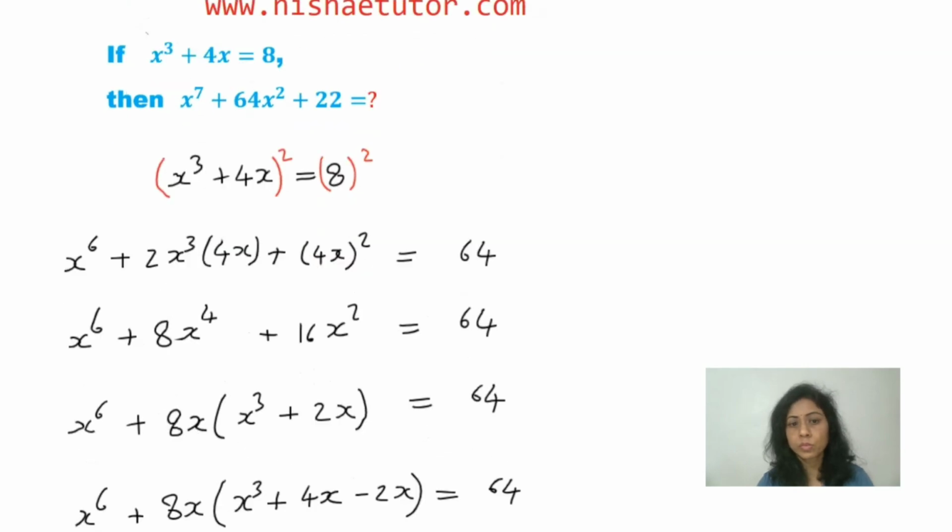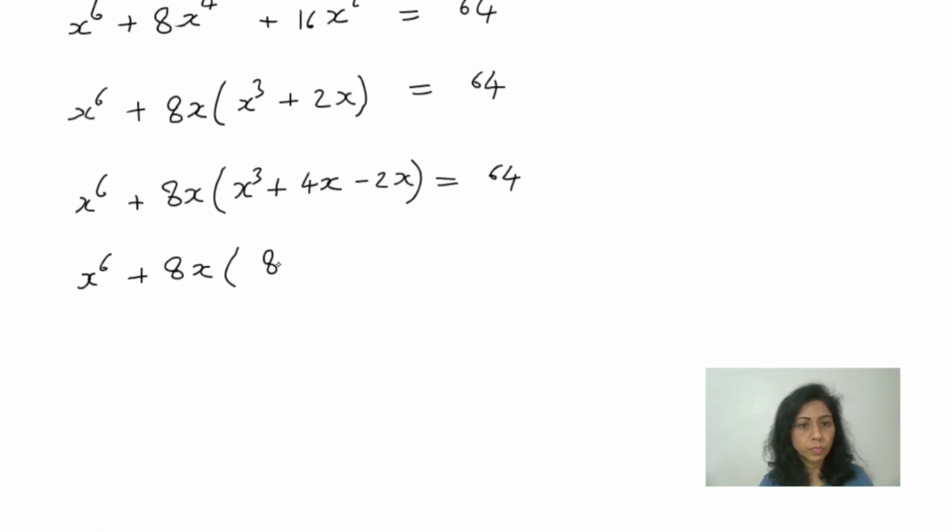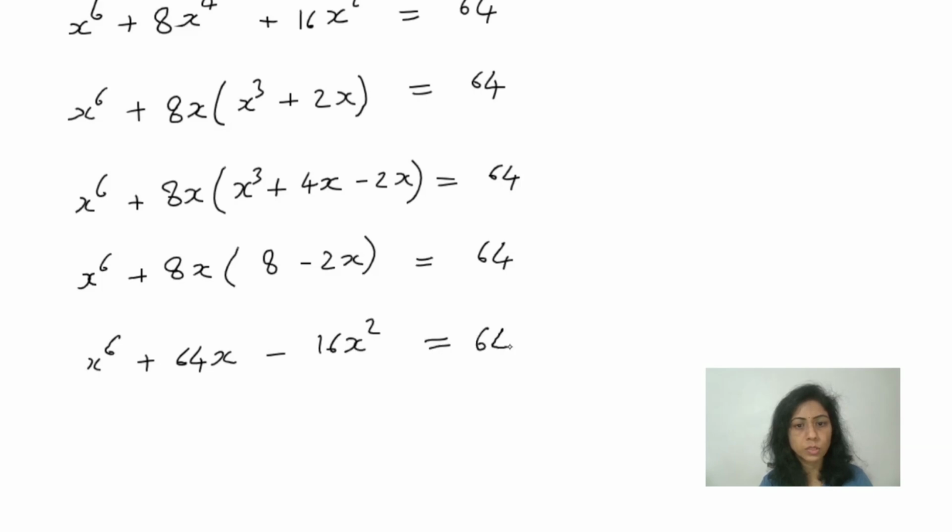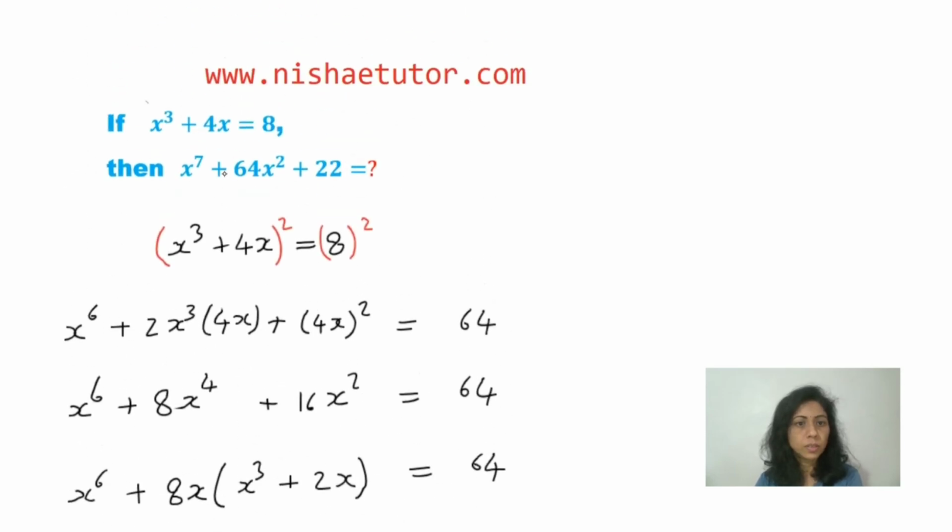So 8 minus 2x is equal to 64. x to the power 6, when we multiply with 8, this is 64x minus 8x multiplied with 2x, which is 16x square, equal to 64. Okay, so we got 64 and it's good.